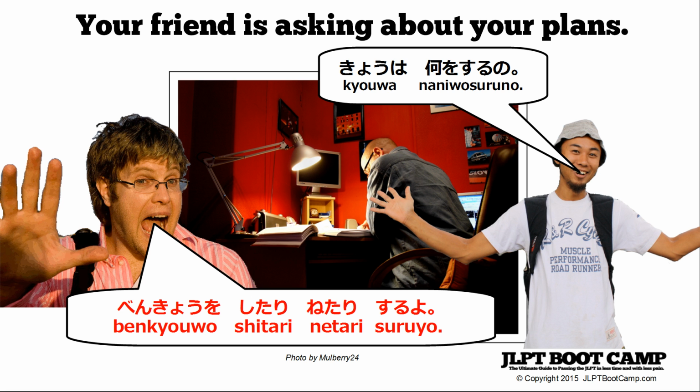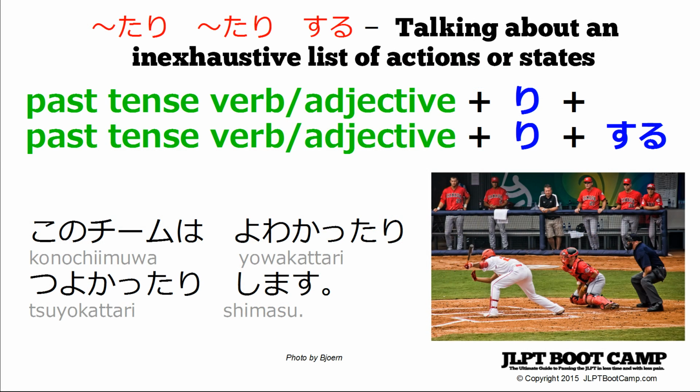So you were using the structure tari suru. And this is how to talk about an inexhaustive list of actions or states. Note the inexhaustive there. You're not stating all the possible actions that could take place. For example, in the previous situation, you could study, you could sleep, you could also go out drinking or go for a walk or do something else.